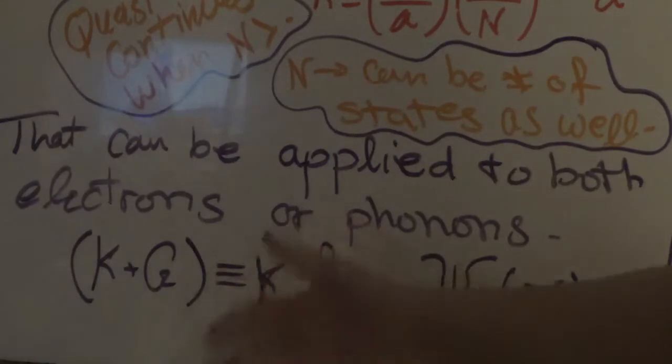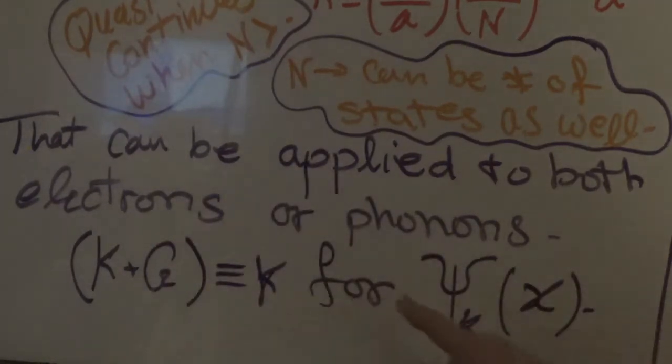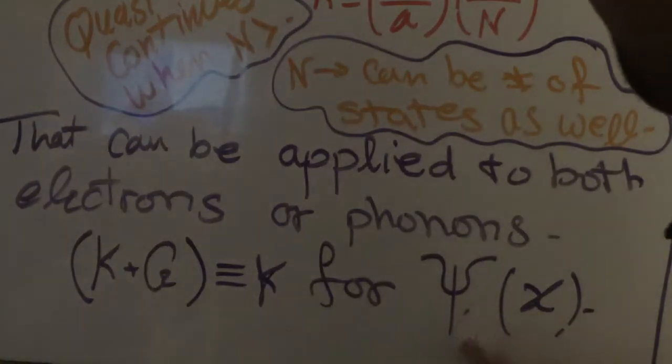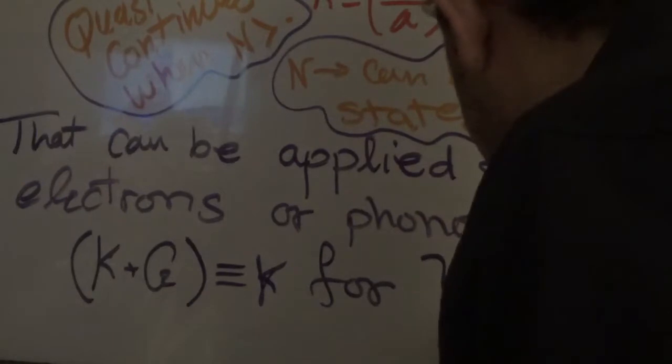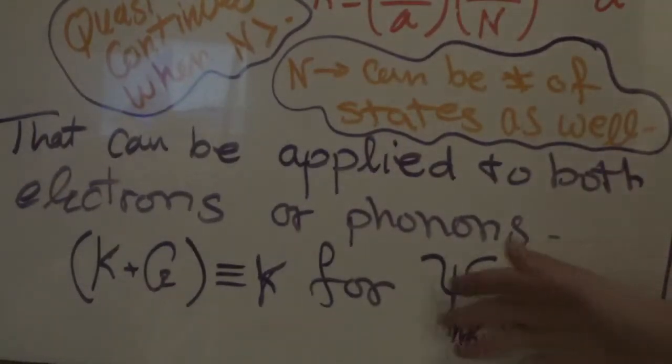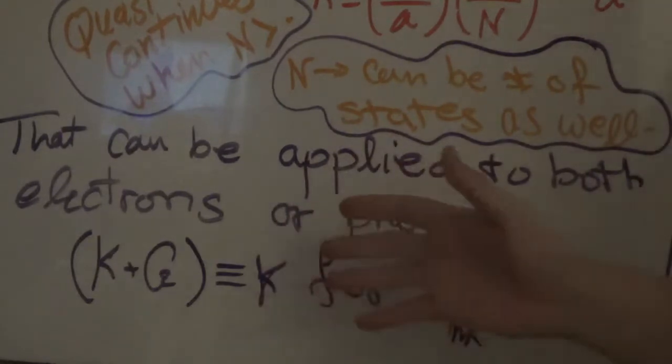So why is that? Because of periodicity. And actually that can be applied on the Bloch wave function, which is psi in k. I think I need to include it here. So we have here psi n k as a function of x. So that's very, very important.